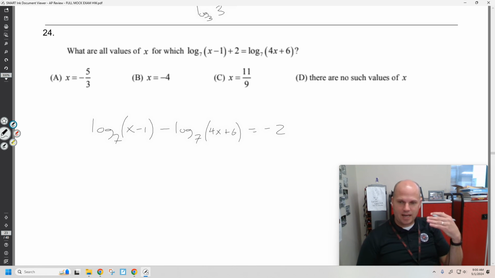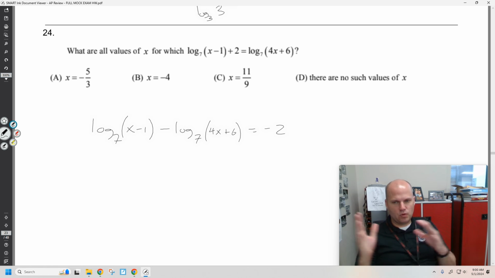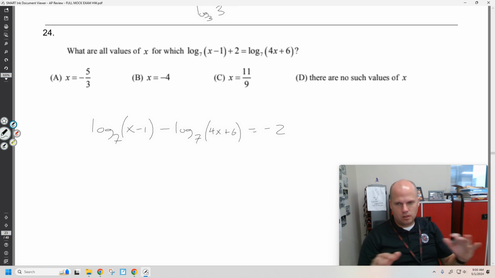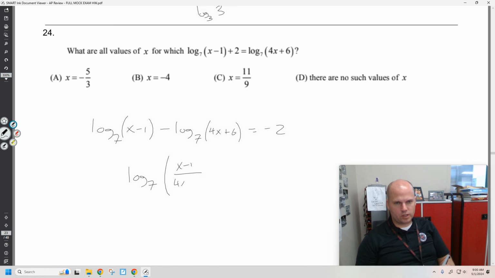Now, since it's not an inequality, I can solve the equation just by multiplying both sides by the denominator. If it was an inequality, move everything onto the same side, common denominator, use a sign analysis. So since it isn't, we have log base 7 of x minus 1 over 4x plus 6 equals -2.